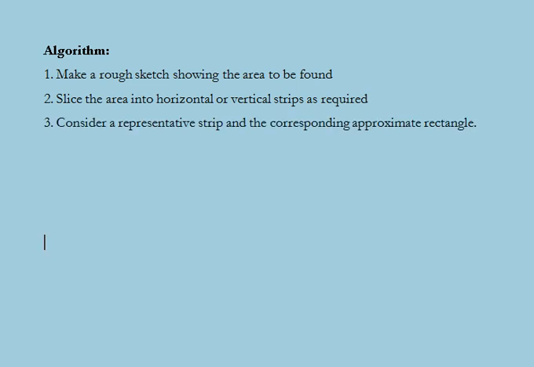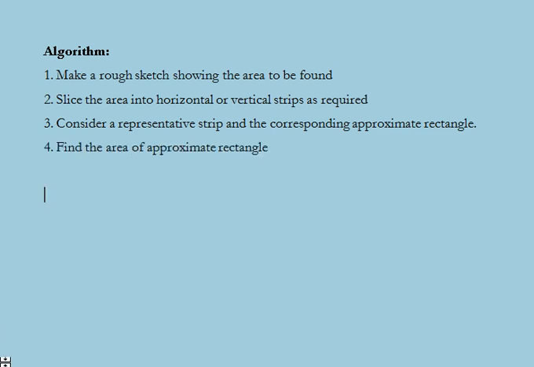The third step is to consider a representative strip and the corresponding approximating rectangle. The fourth step is to find the area of the approximating rectangle. If the representative strip is parallel to the y-axis, then its width is taken as delta x, and if it is parallel to the x-axis, then its width is taken as delta y.